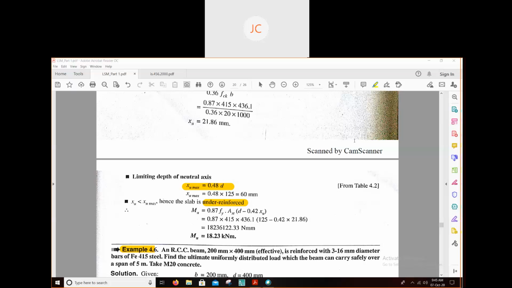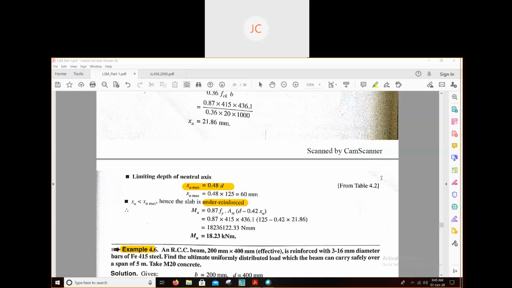Anyone got the answer? Anyone got the value of XU? How to know that it is simply supported? Normally, if nothing is mentioned in the question, then you have to understand that the beam is simply supported.